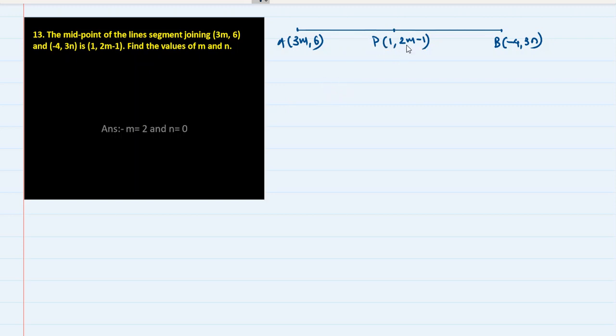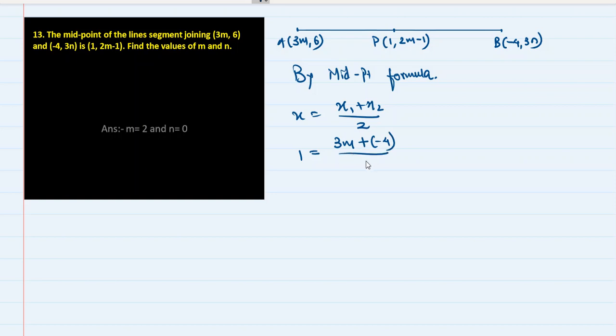So we know that this point P is the midpoint of AB. So we can directly apply midpoint formula. So by midpoint formula, we can say that x is equal to x1 plus x2 by 2. So 1 is equal to x1, that is 3m, plus x2, which is minus 4 by 2.